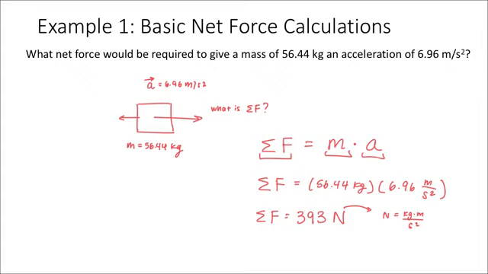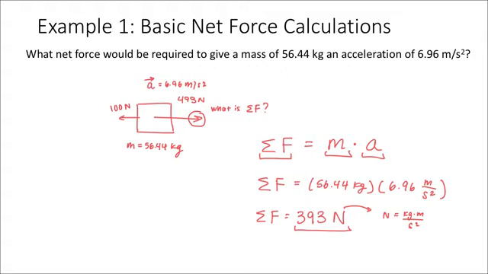If the problem went one step further and told me that we have a force of 100 newtons pointing to the left, and that the net force in this case was 393 newtons, then what I would know, right, is that this force would have to be 493 newtons.